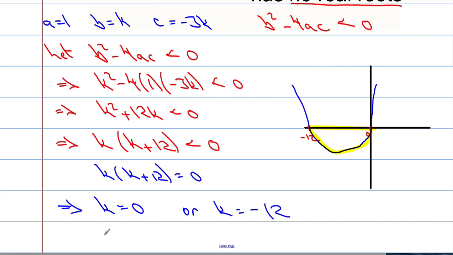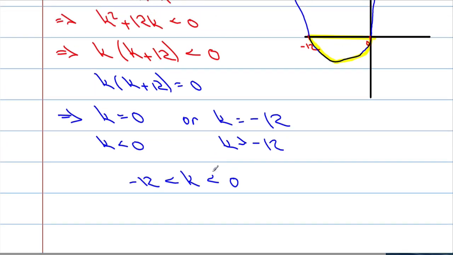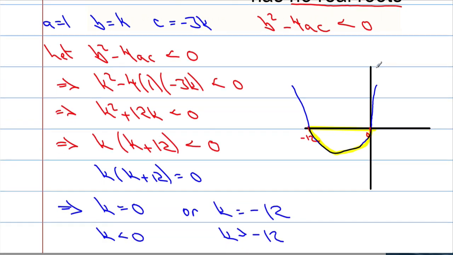So, let's write it down formally. That means negative 12 must be less than k, which must in turn be less than 0. So any value between negative 12 and 0 will actually give me a quadratic which has no real roots.